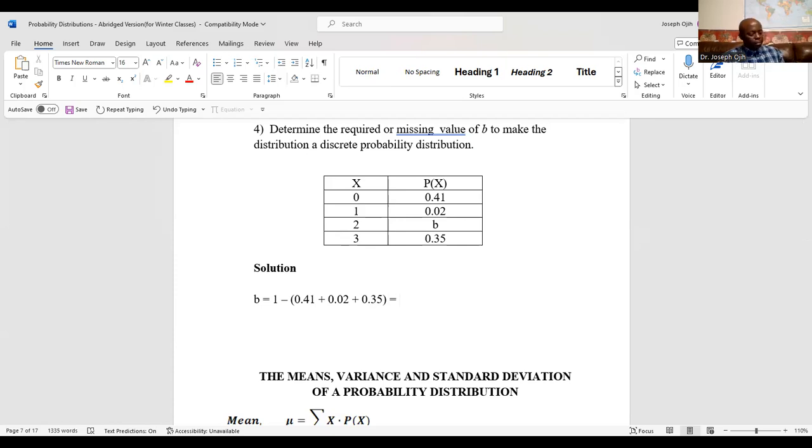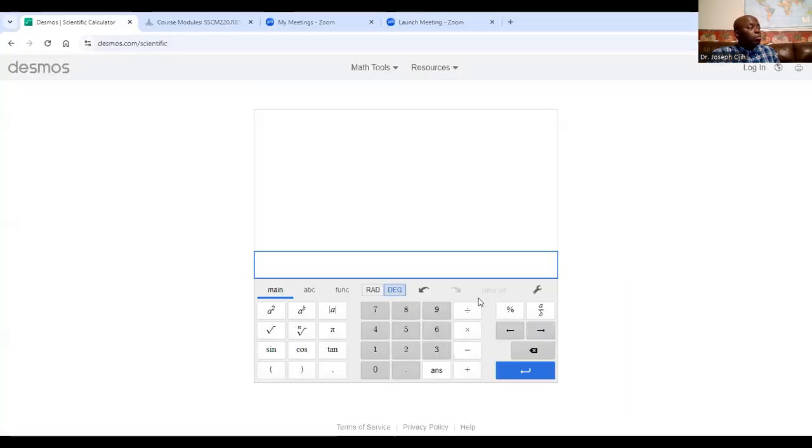Let me write this down. So I got 1 minus 0.41 plus 0.02 plus 0.35. 1 minus that. Let's put it on the calculator. So you got 1 minus 0.41. Is it 41 or 42? Let me see.